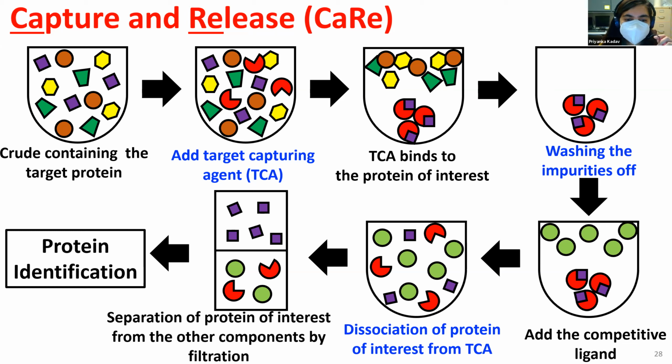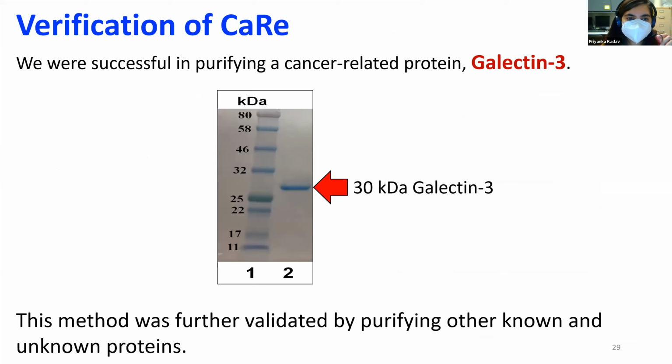The last step is the filtration step, which separates the target protein from the other two components. This is how, in the capture and release, or CARE, technique, we are able to purify the target protein from the entire crude sample. Once purified, the next step can be protein identification, to know if it is a known or an unknown protein.